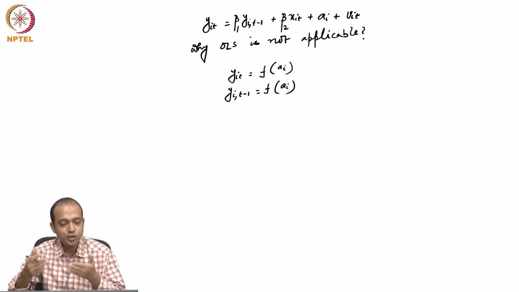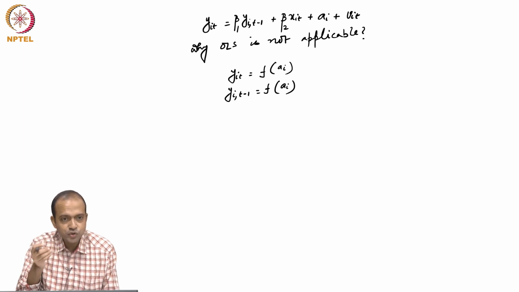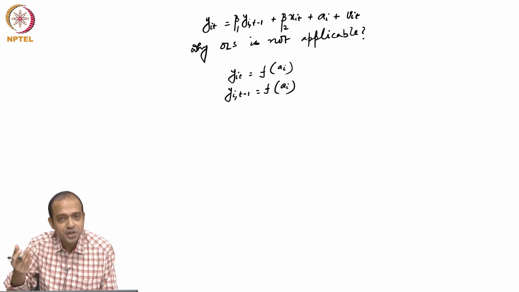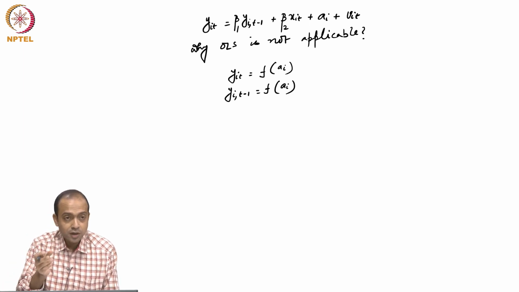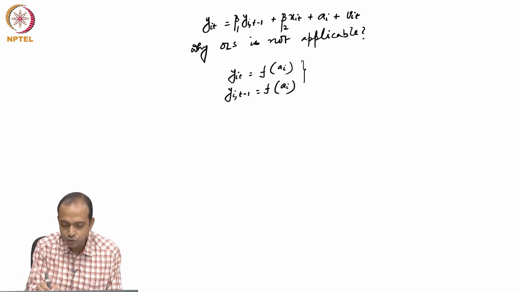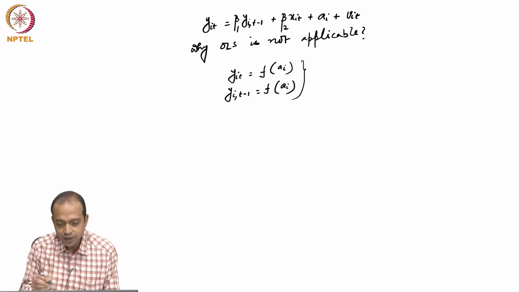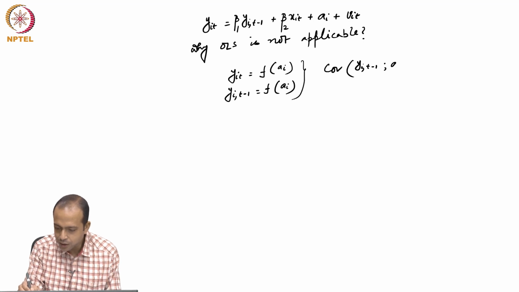If yit depends on ai, and there is no t subscript at ai, so since yit depends on the unobserved individual specific and time constant factor, it remains unchanged. If yit is a function of ai, yit minus 1 is also a function of ai. So, that means the covariance or correlation between yit minus 1 and ai is not equal to 0.